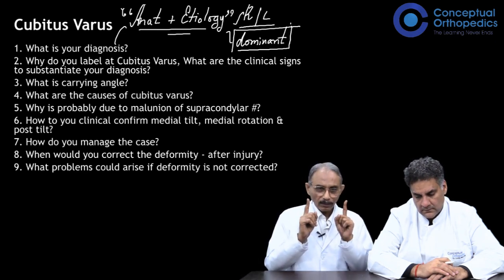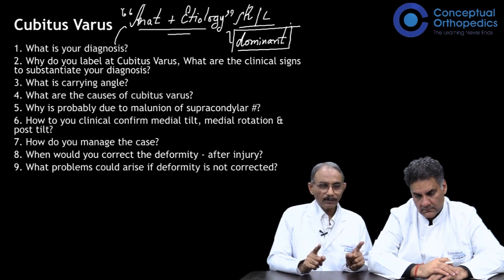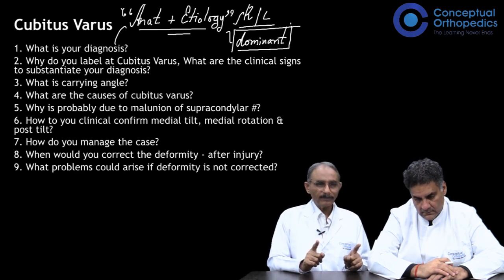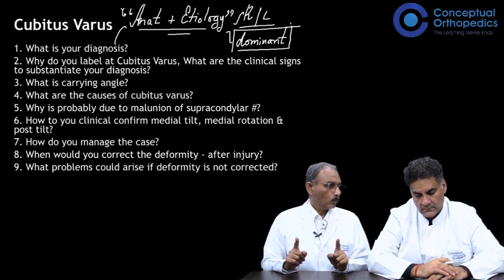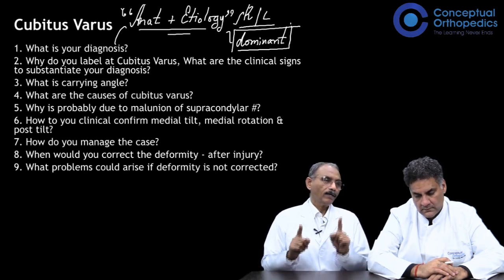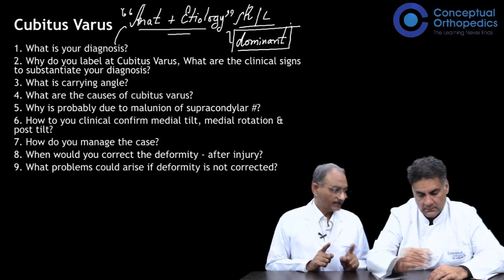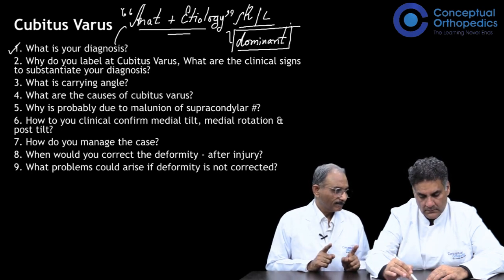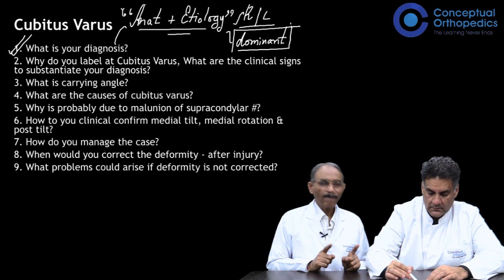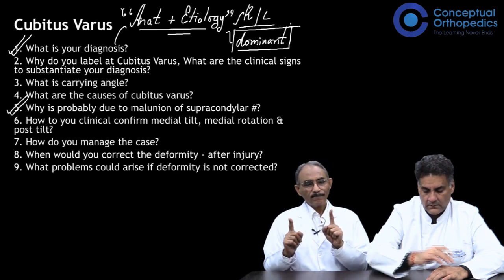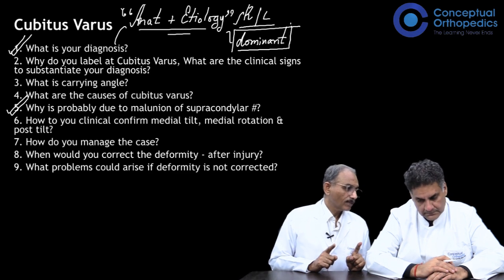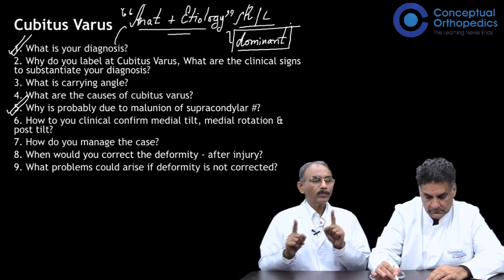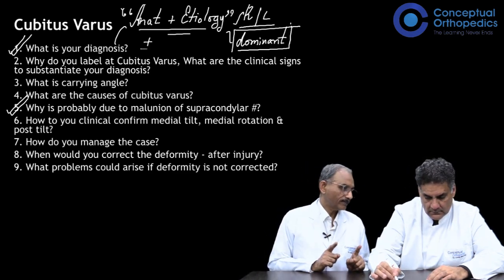So a right-sided cubitus varus in a right-hand dominant child following a supracondylar fracture, with or without myositis, with or without neurovascular deficit.